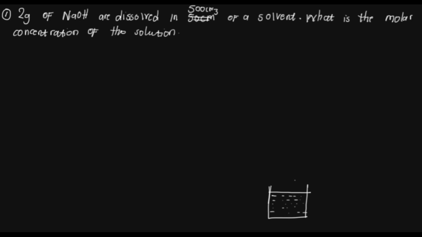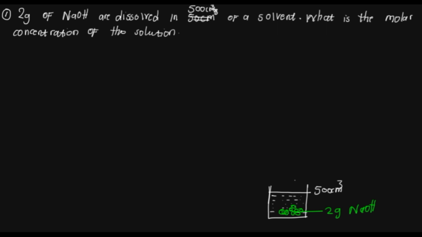Now the volume of water is 500 cubic centimeters. The question is, if we are to dissolve 2 grams of sodium hydroxide here, what concentration will it give us? That is what the question is.